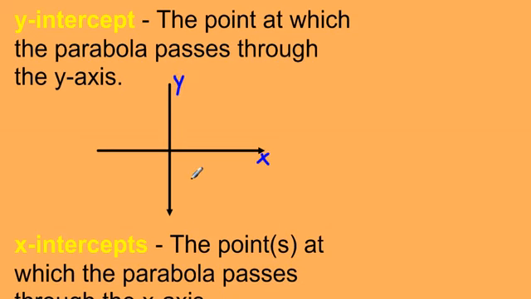Okay, if my parabola was situated right here, and goes up like this, then the y-intercept is the point where it passes through the y-axis. So here's my y-axis. It would be this point right here. Okay, so that's where it's crossing the y-axis.